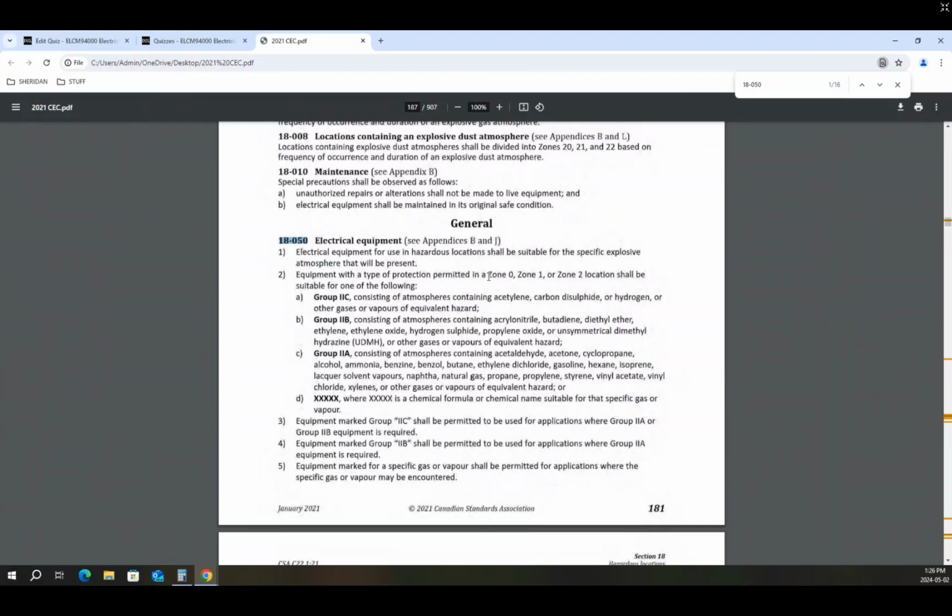Equipment with the type of protection permitted in 2C, 2B.